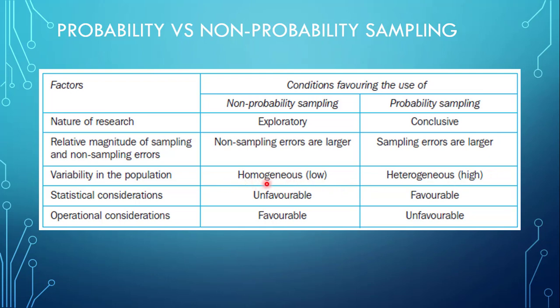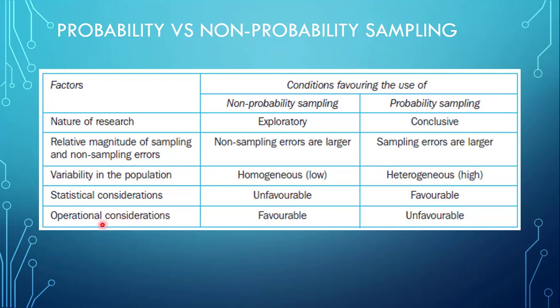But if the population is homogeneous, if the population has similar characteristics compared to heterogeneity, then you are going to use non-probability sampling. In terms of statistical considerations, if they are unfavorable, meaning you don't have the numbers and you don't know the exact number of the population, then you are going to use non-probability sampling. But if the statistical consideration is favorable, then you are going to use probability sampling.